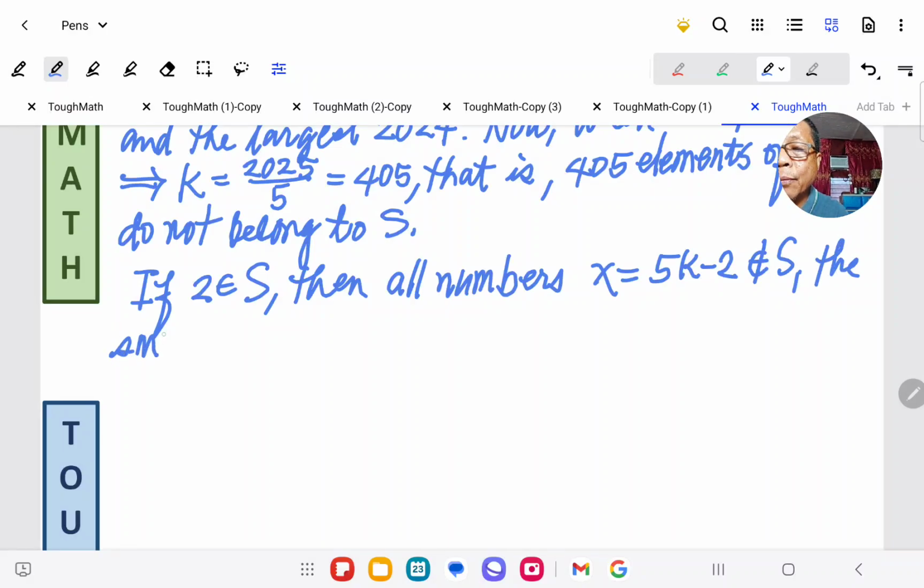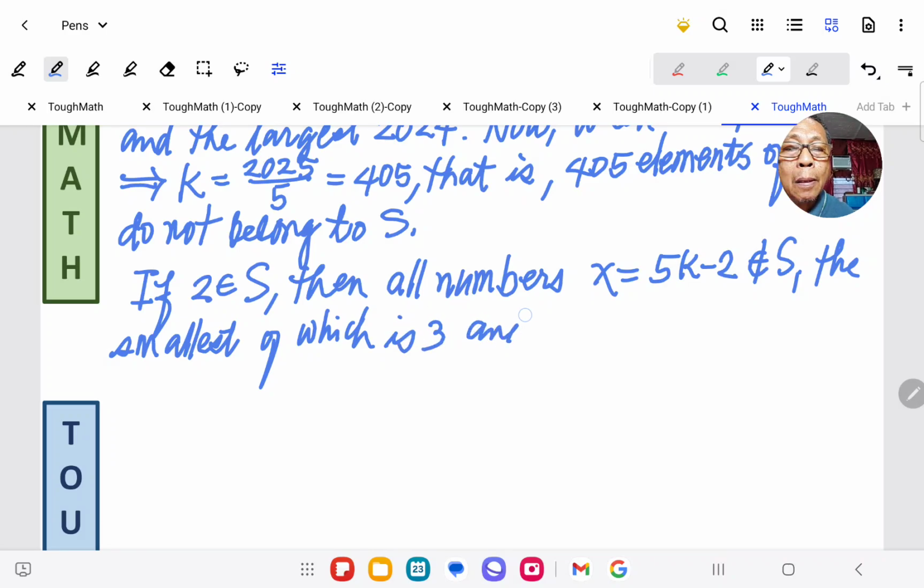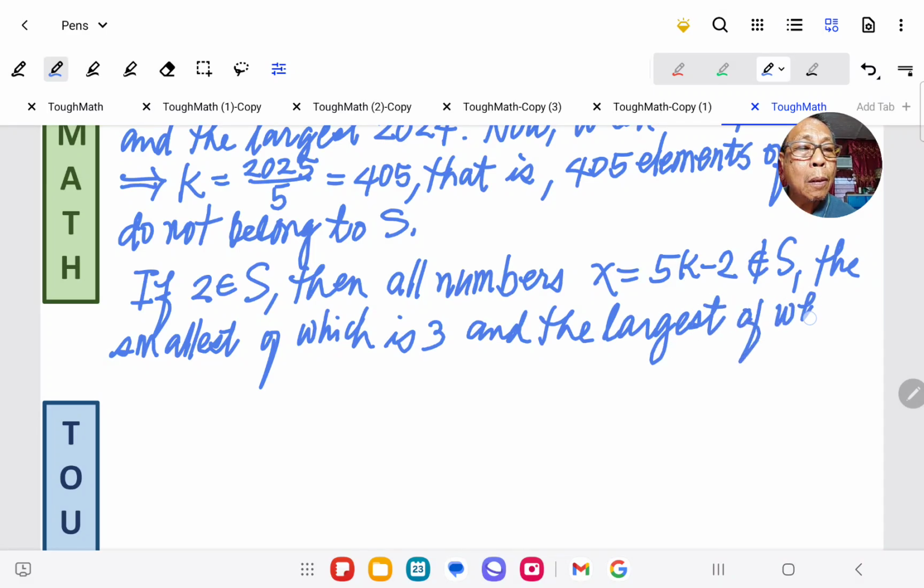The smallest of which is 3, and the largest of which is 2023.